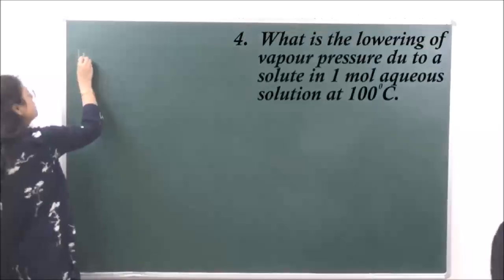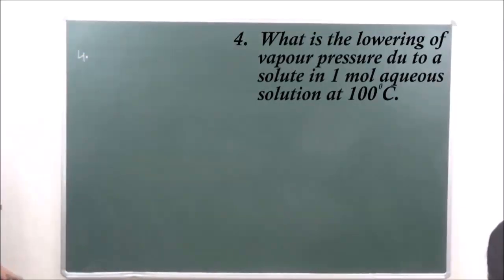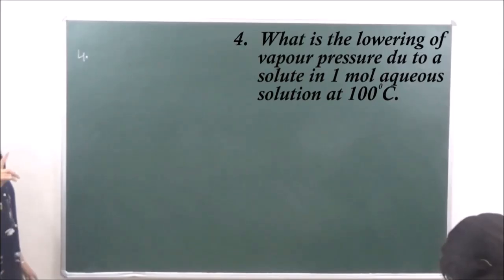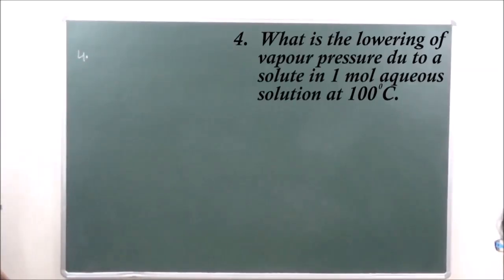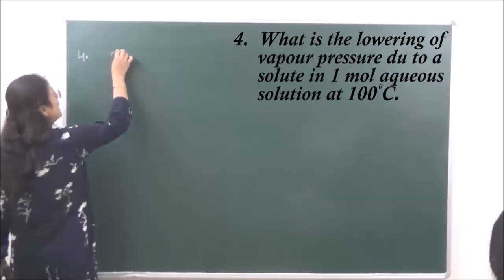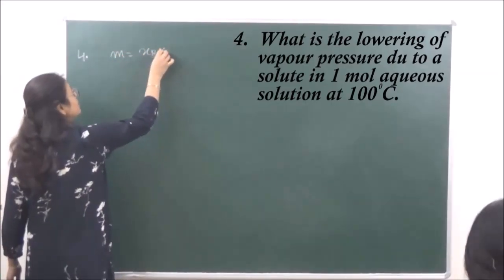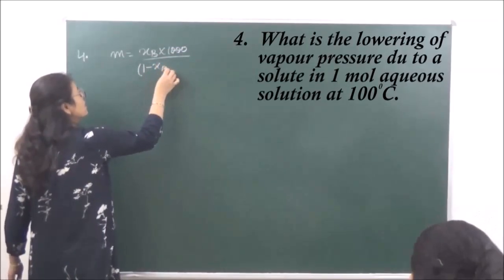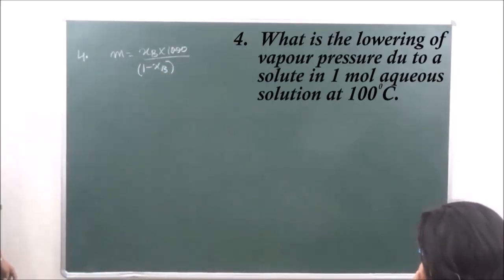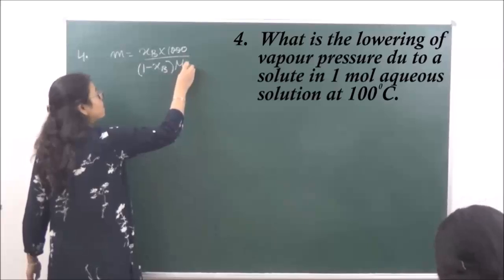Question number 4 is a typical question for your competitive exams. The question given is, what is the lowering of vapor pressure due to a solute in 1 molar aqueous solution at 100 degrees Celsius? Now on this you can see nothing is given to us. Only they have given 1 molar solution. Now for that you will have to calculate the mole fraction first. And to calculate mole fraction, what was our shortcut? Molarity is equal to XB into 1000 upon 1 minus XB into MA.